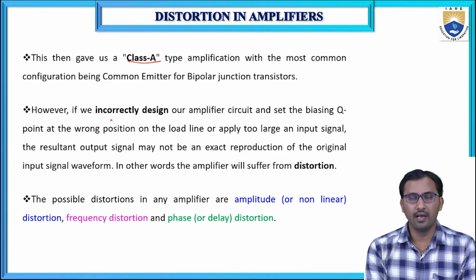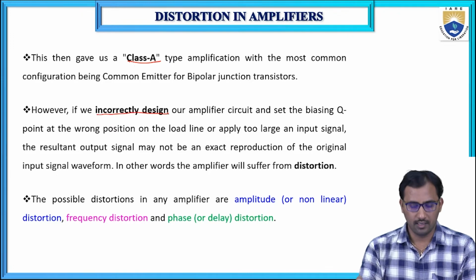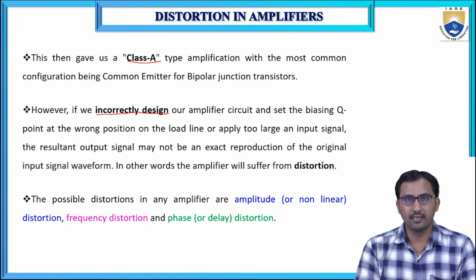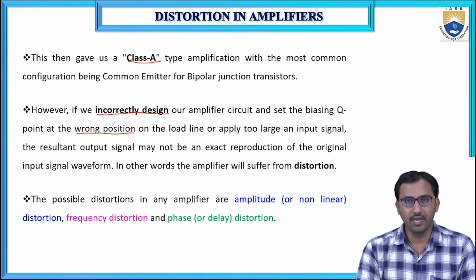However, if we do not provide correct biasing, it leads to some distortion. If we incorrectly bias our amplifier circuit and set the Q point at a wrong position, or place the operating point in a wrong position, then it leads to distortion.